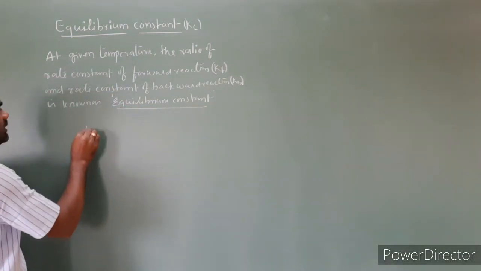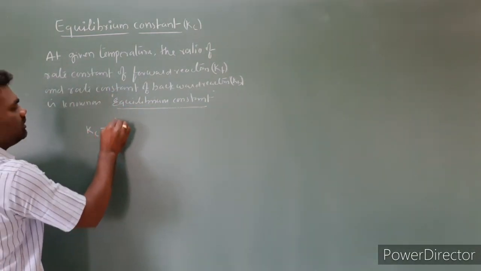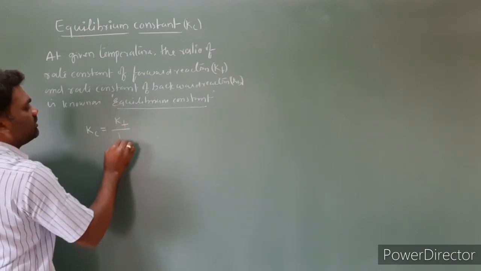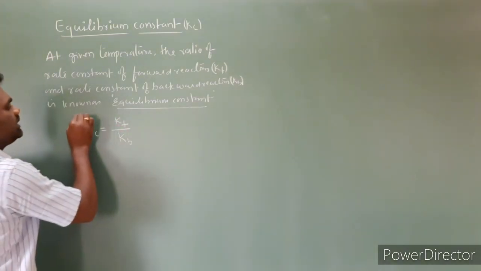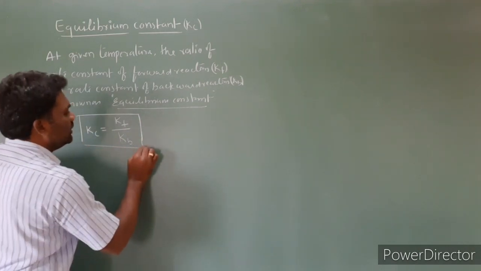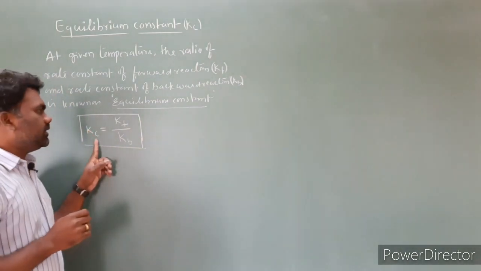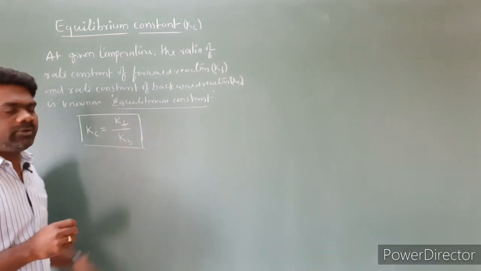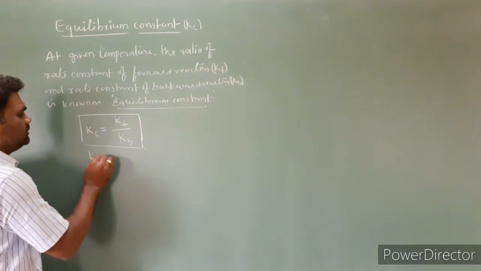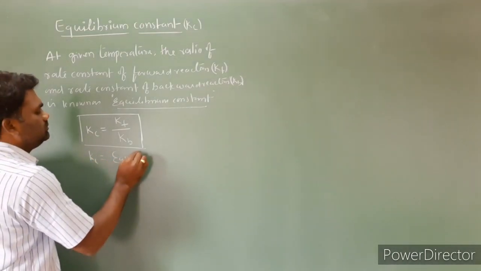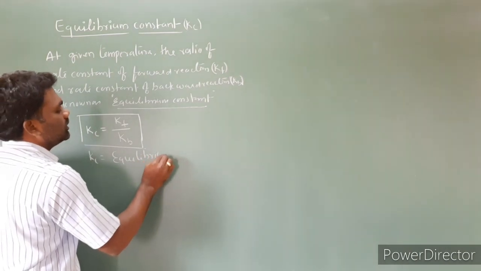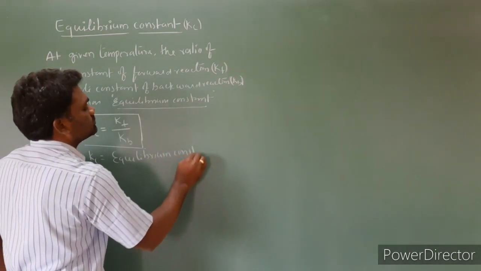Here, equilibrium constant Kc is equal to, we know the formula, Kf by Kb. So Kc is the equilibrium constant, Kf is the rate constant of forward reaction. Kc is equal to equilibrium constant.